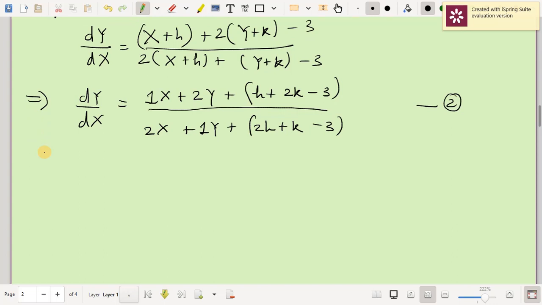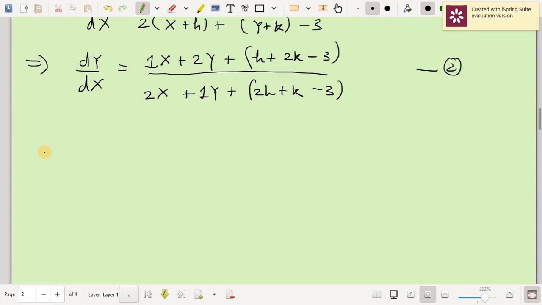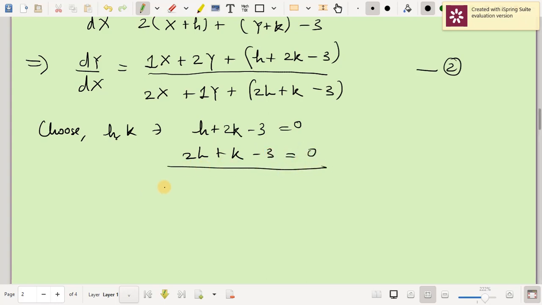So we get the hint for choosing h and k. We choose h and k such that h plus 2k minus 3 is equal to 0, and 2h plus k minus 3 is equal to 0. Upon solving this, you will see that the value of h is equal to 1 and the value of k is equal to 1.